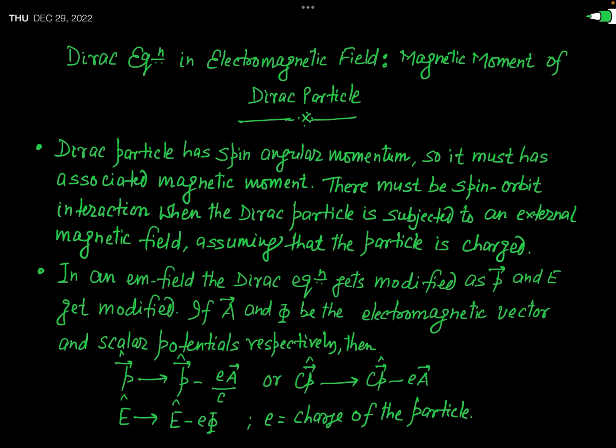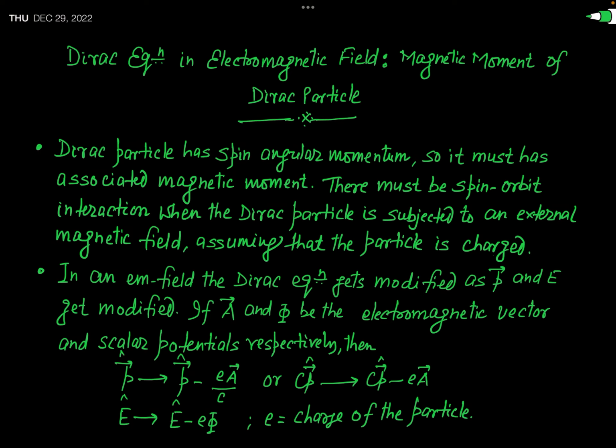In fact, this concept is also known as the Dirac equation in electromagnetic field. It means when you place the Dirac particle in an electromagnetic field, you will see that the momentum and energy of the particle get modified, and accordingly the form of the Dirac equation will also change.